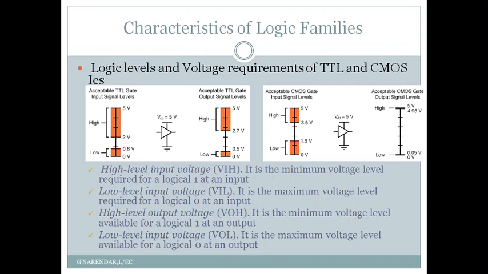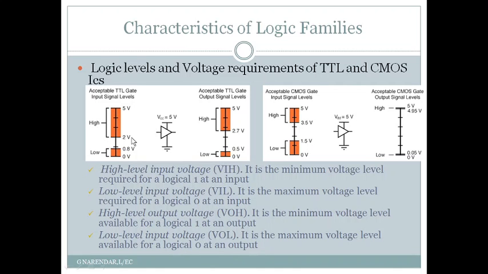And here we have seen that all digital circuits are designed to input or output only two types of signals, that is high signal and low signal, or logic 0 signal and logic 1 signal.